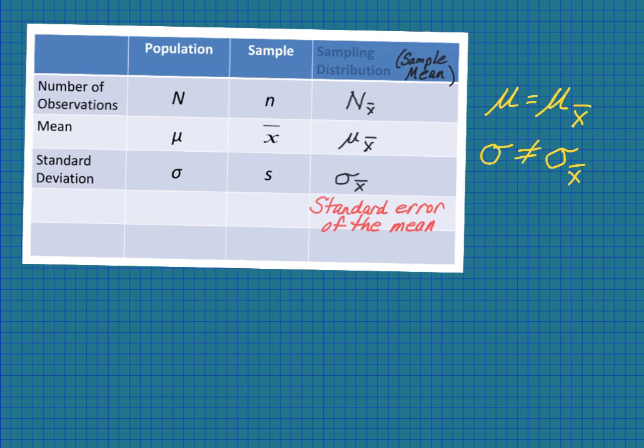And in fact, there is a formula that you can use to calculate the standard error of the mean if you know the value of the standard deviation. So the standard error of the mean is equal to the standard deviation divided by the square root of n, the number in each of the samples that you took, from which you found the mean and then formed that sampling distribution.